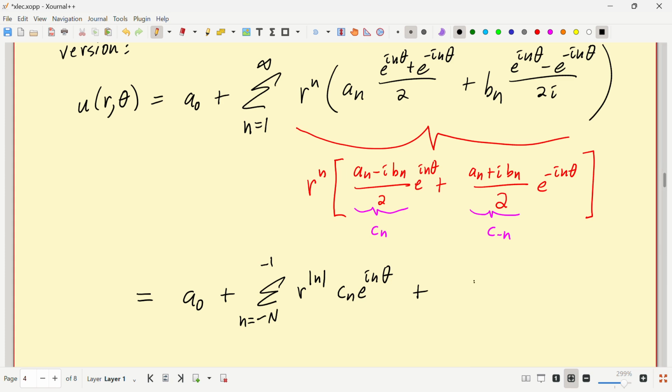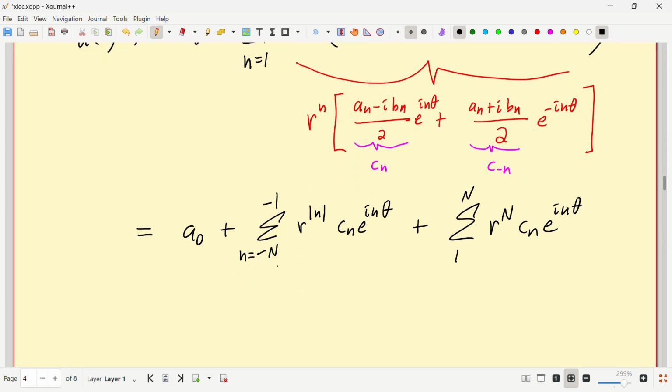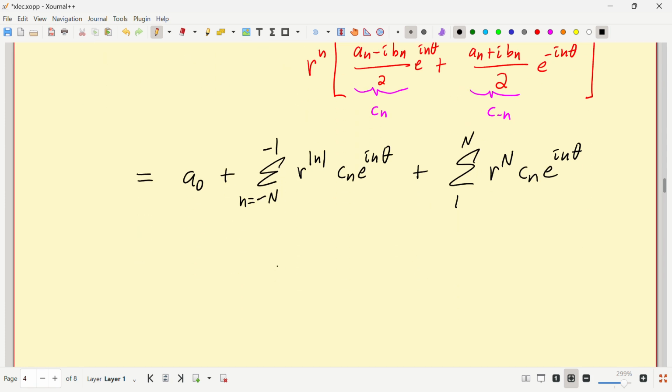And then we get the positive ones. Those would be r to the n, Cn e to the i n theta. Anyway, r to the, yes, this is a little n here.